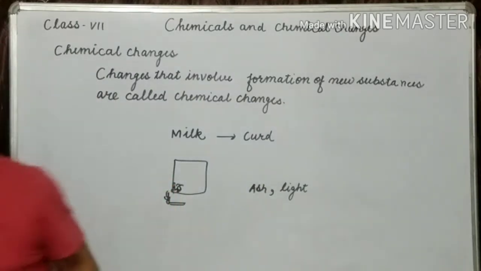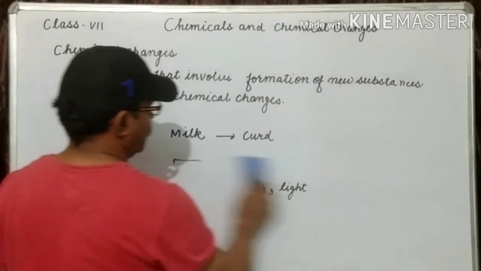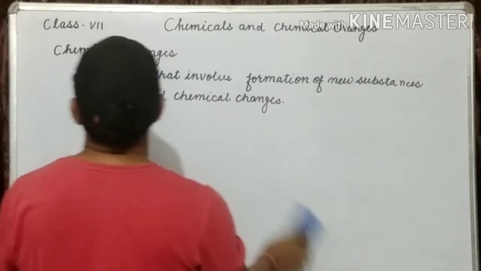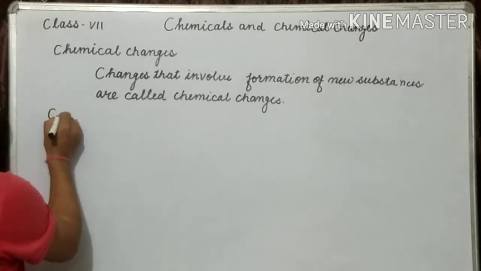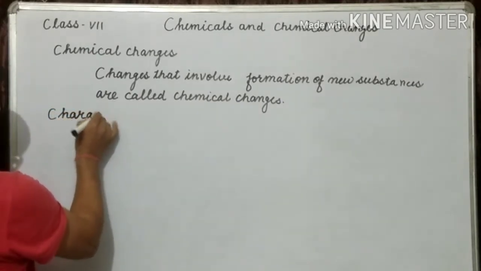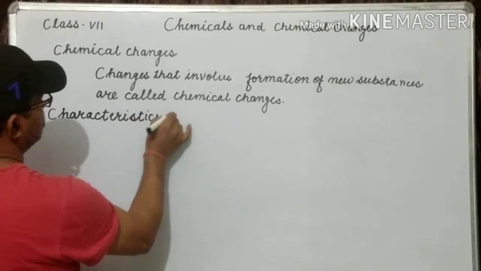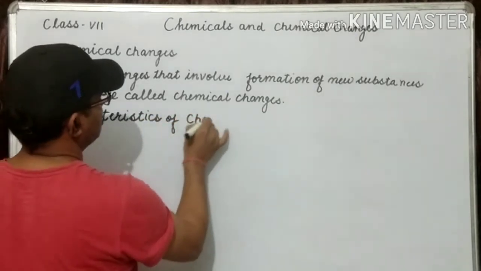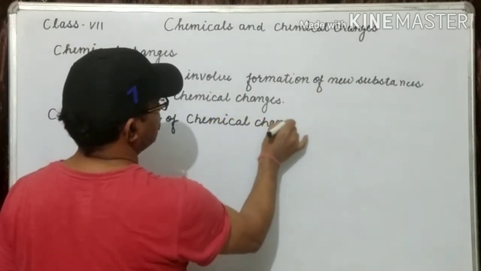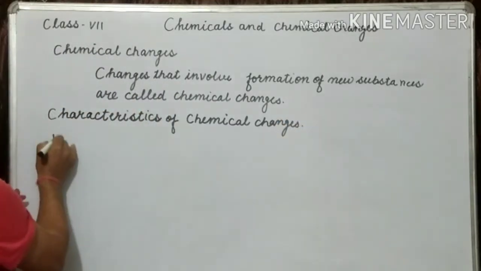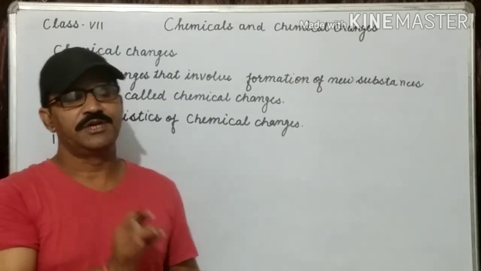What are the characteristics of chemical changes? Number one, there may be a change in color.